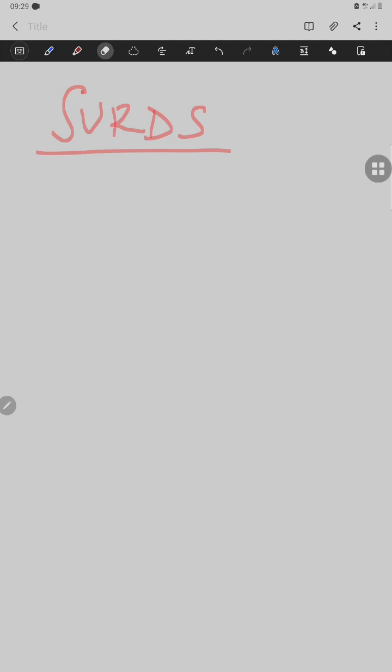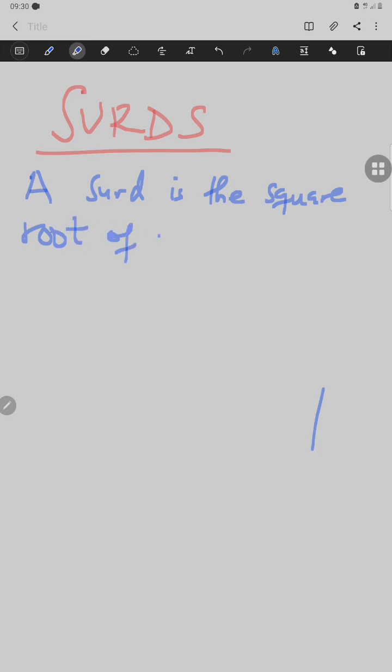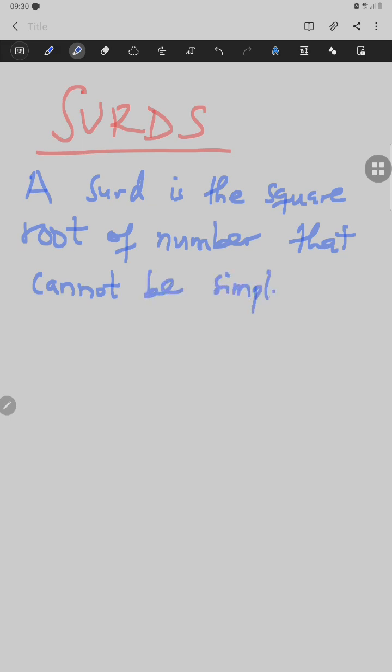Right, so I will say a surd is the square root of a number that cannot be simplified into a whole or rational number.